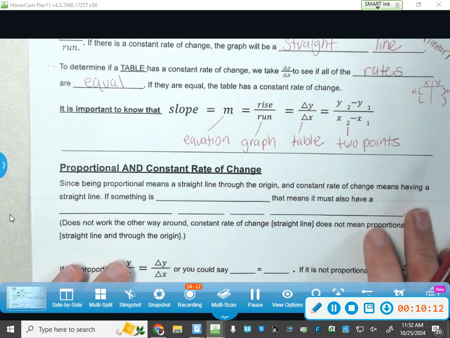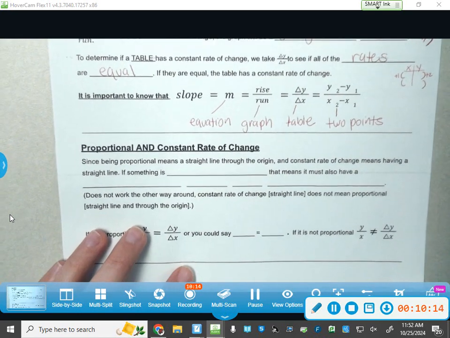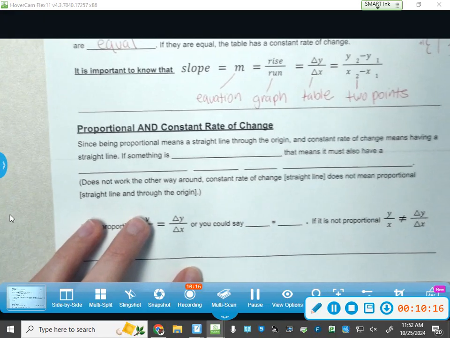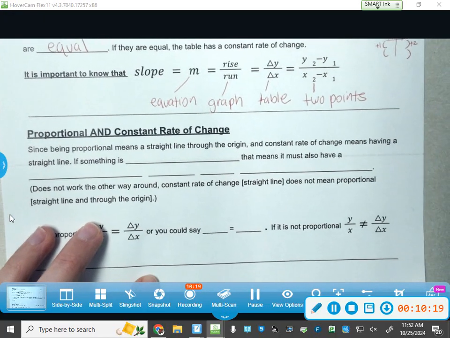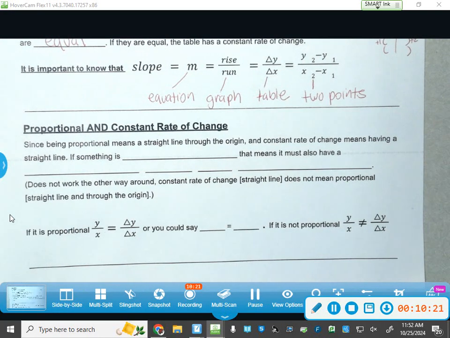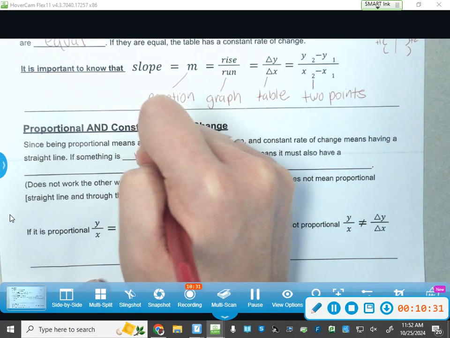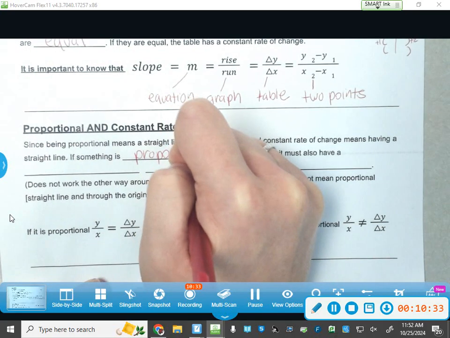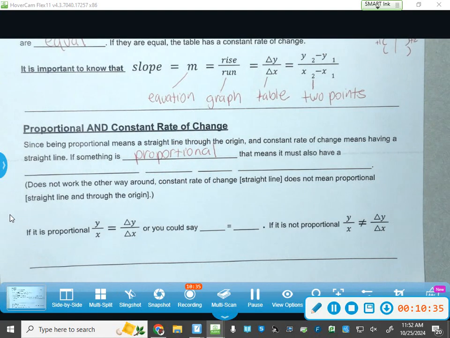The last part here says, since being proportional means a straight line through the origin, and constant rate of change means having a straight line, if something is proportional, that means it must have a what?